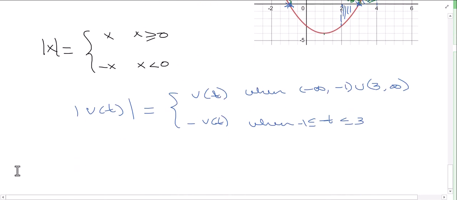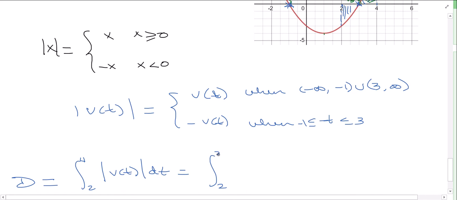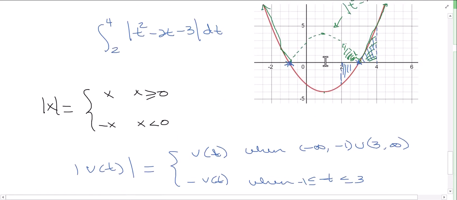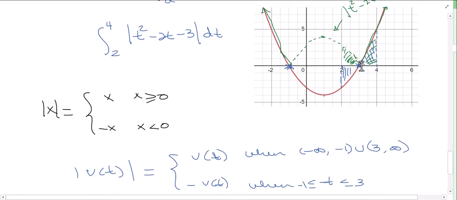So the distance traveled, which is the integral from 2 to 4 of the absolute value of v of t dt, based on this is going to be the integral from 2 to 3, because based on the graph, that's where we cross the axis. That's when you go from negative to positive.